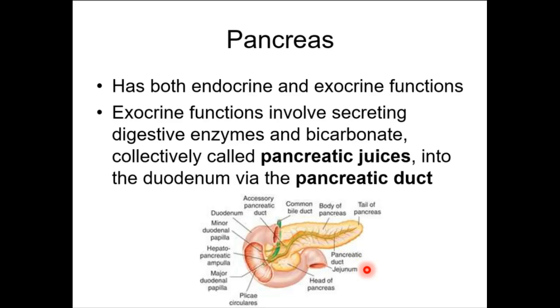Okay, bile, pancreas. We've already seen the pancreas for endocrinology. We focused on those pancreatic islets of Langerhans and how they secreted insulin and glucagon. Today we're talking about the exocrine pancreas. The rest of those cells were organized into acinar glands that secrete pancreatic juices into the pancreatic duct.